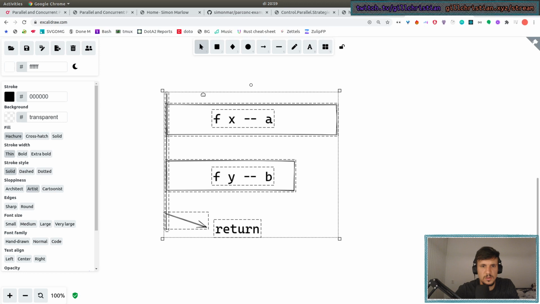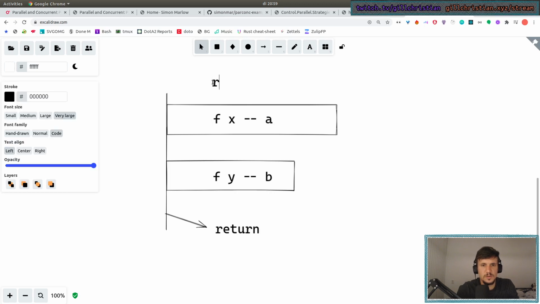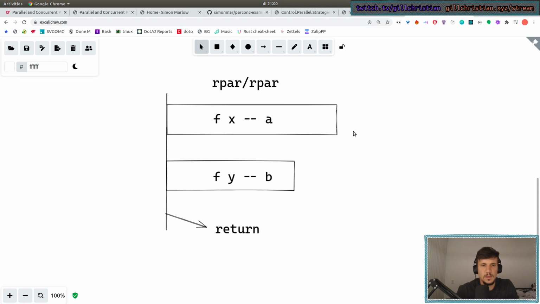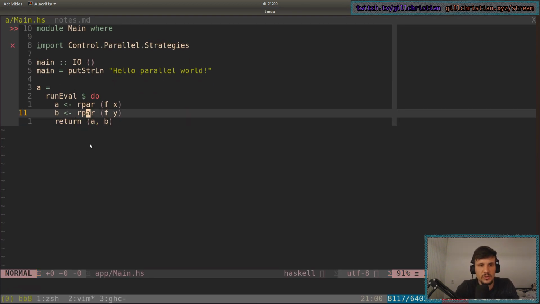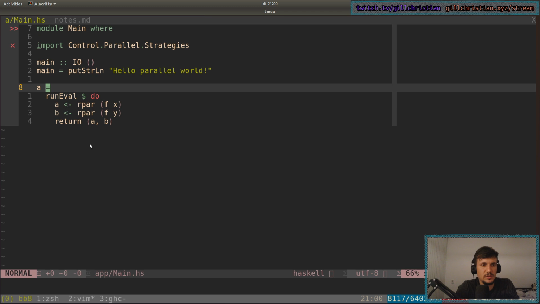Here, and this is called rpar. Yes. Okay. And that's because this is when the return here happens, because both are evaluated in parallel. So rpar, got it.